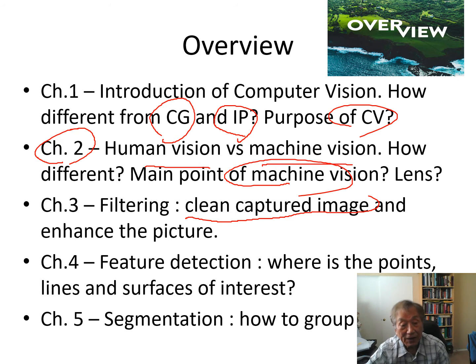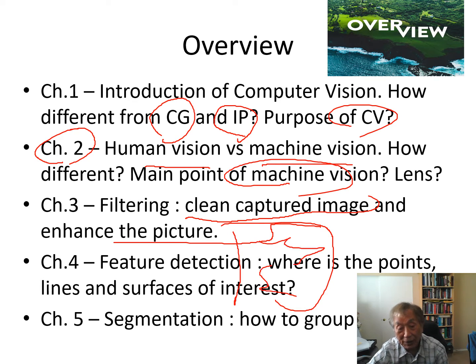As a matter of fact, up to the filtering, there's no difference between image processing, IP, and computer vision. What is different is the next one. Chapter 4 talks about, and we discussed, feature detection. So okay, we got a full set of pictures in a page, or many pages.